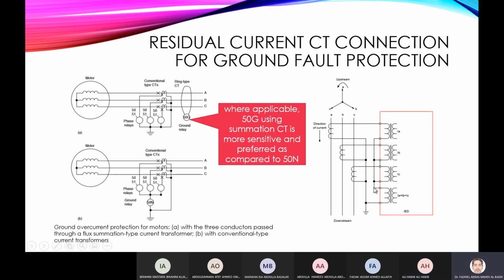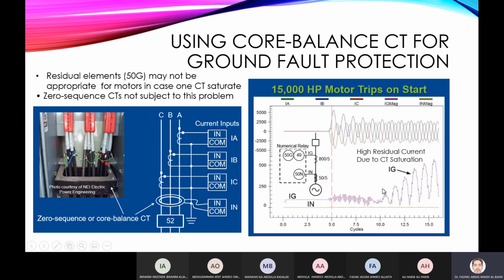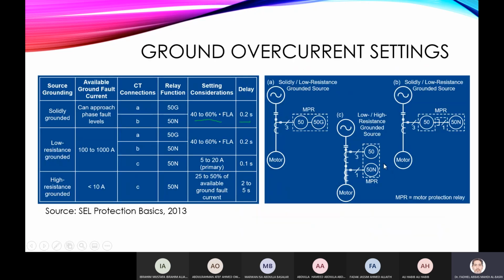Okay, so the ground relay 50N. This is the 50N where I take the summation of the three CT currents and input it to the ground for ground overcurrent protection. But the 50G, when you use a core balanced CT, all the three phases pass through the core of the CT, and this goes to the relay.